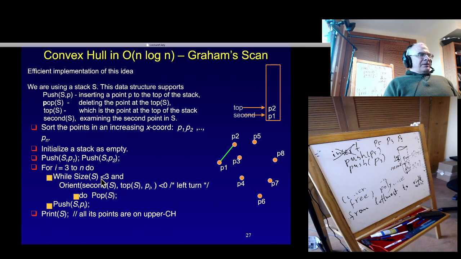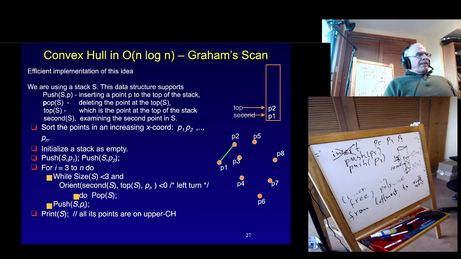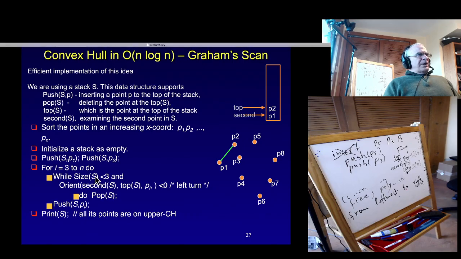Look at the orientation obtained from the second in the stack, the top of the stack, and the newcomer Pi. Pi, i equals 3 in this case, is not in the stack right now.